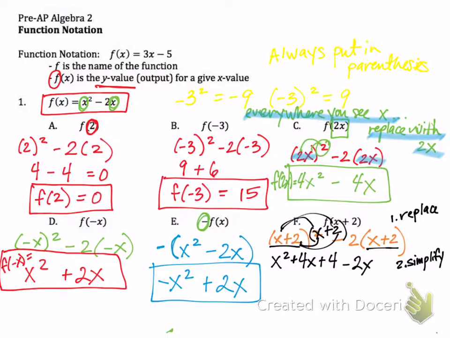Then minus 2x minus 4. Then I'm going to combine my like terms. So I get x squared plus 4 minus 2, so plus 2x, plus 4 minus 4. Those end up canceling, and you just get x squared plus 2x.